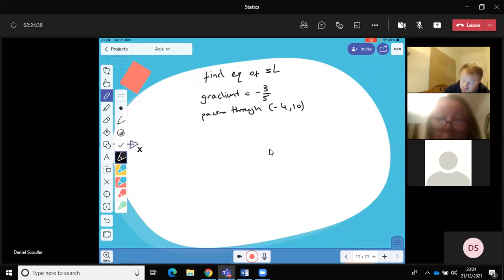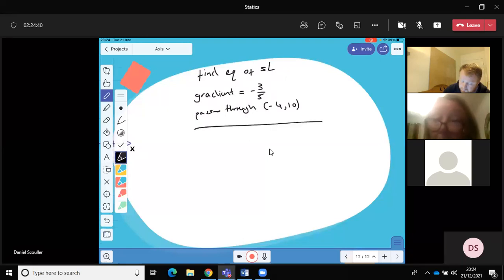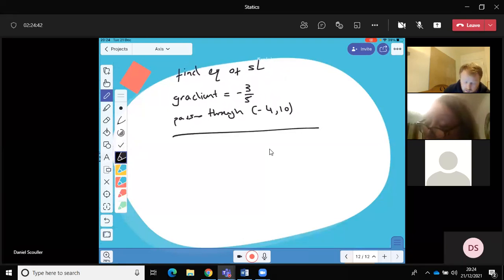That's all the information you get given. So straight into your y minus b equals m x minus a.